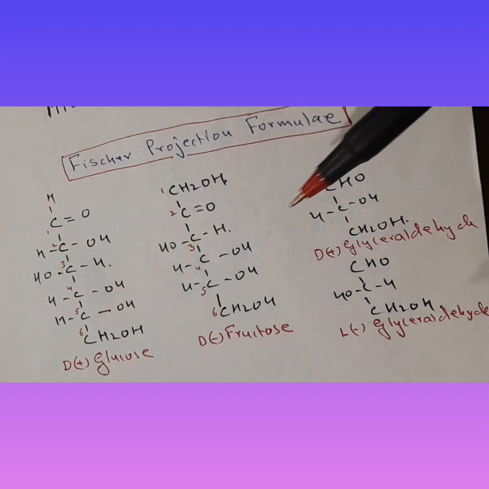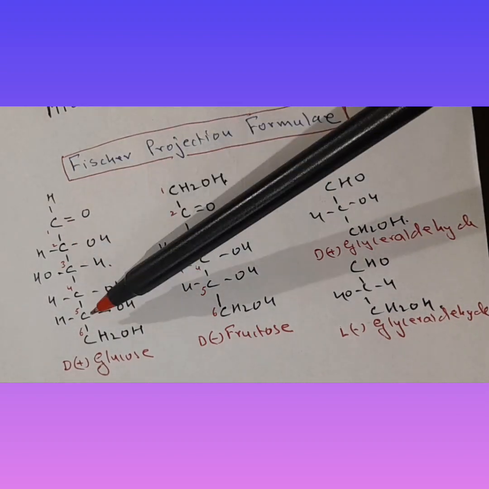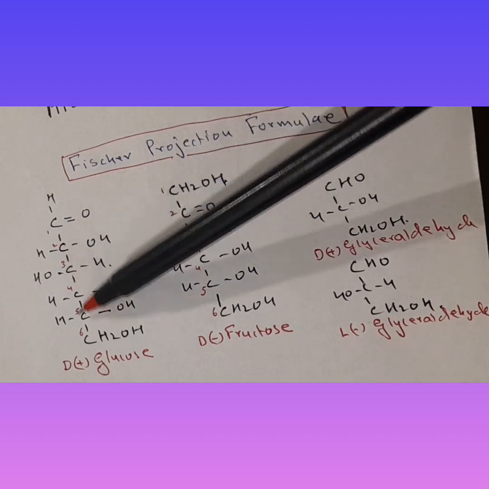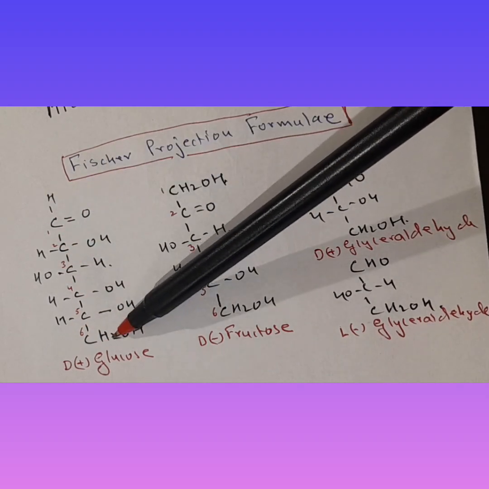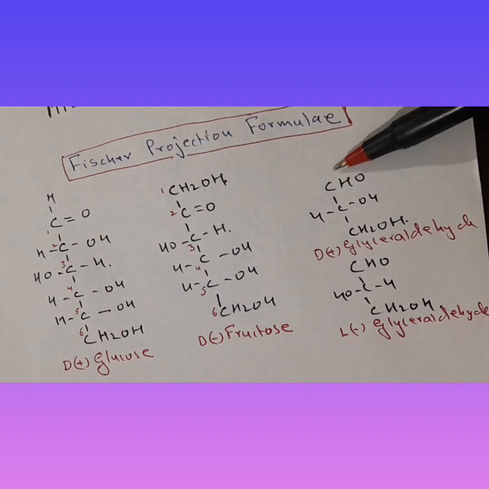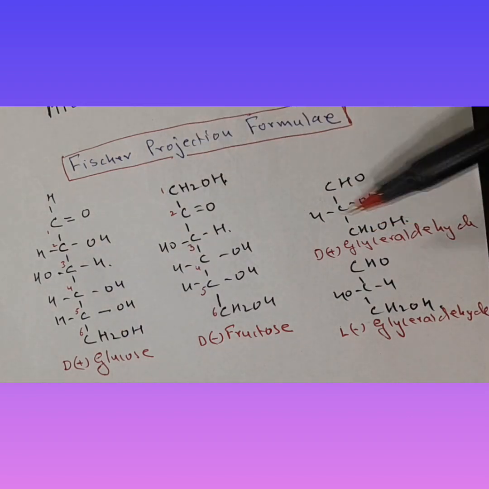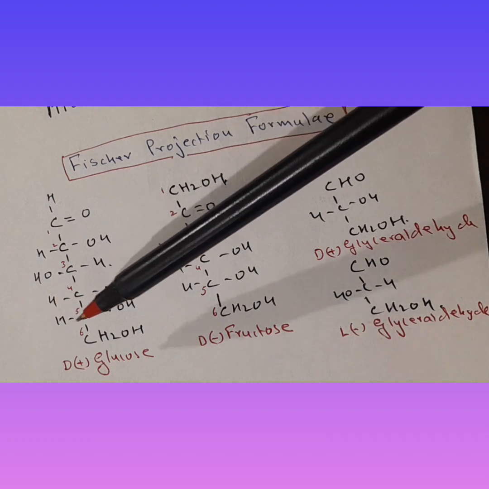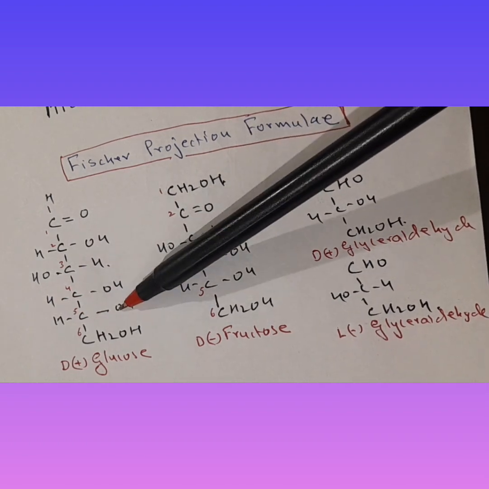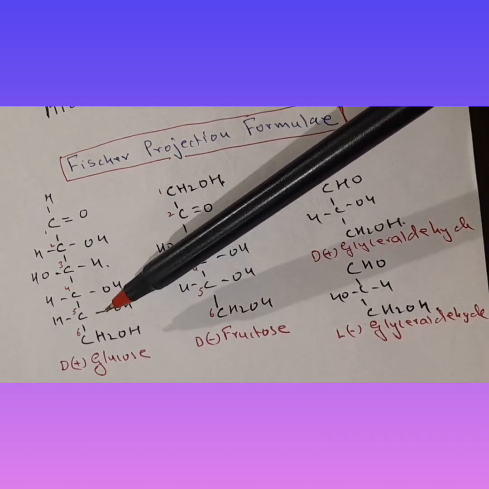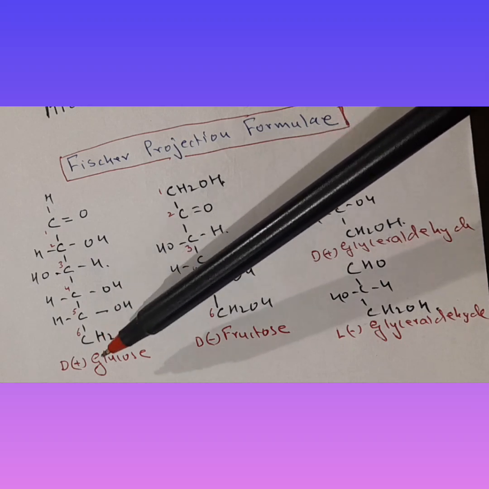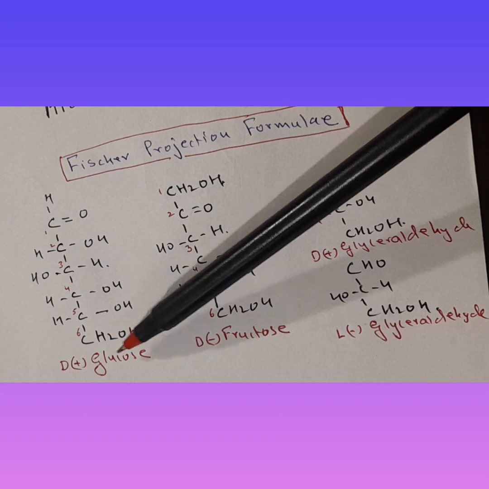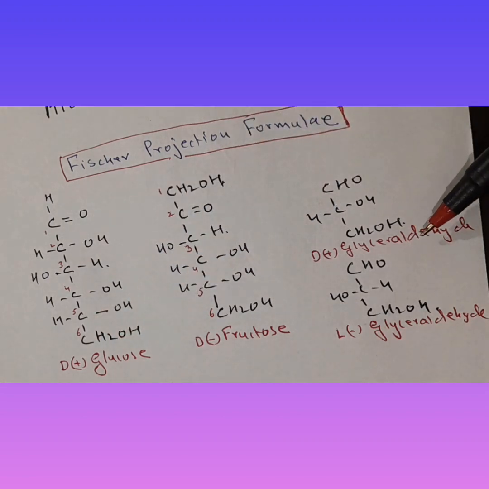Alright, basically just condense the molecule. We have CHO at the top and CH2OH at the bottom, and then check only the penultimate carbon's hydroxide, left or right. In this case, since it is on the right, we call it D-glucose, and in the other case, it was D-glyceraldehyde.